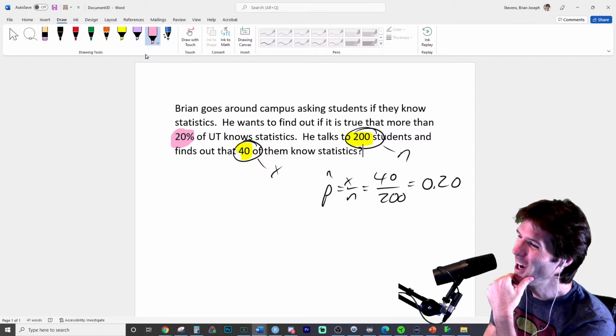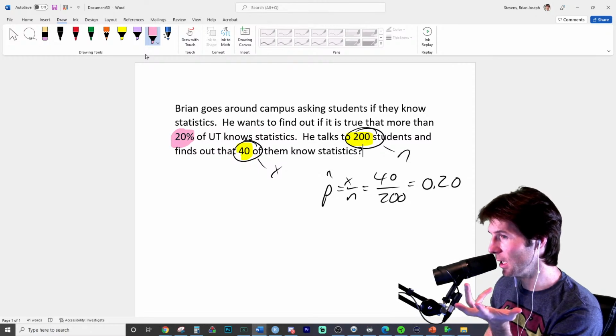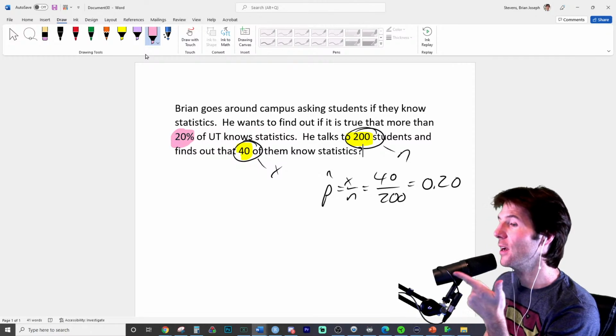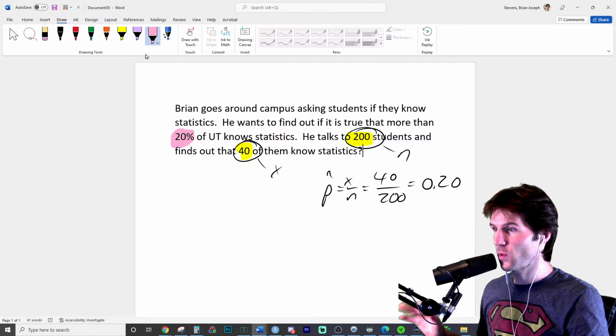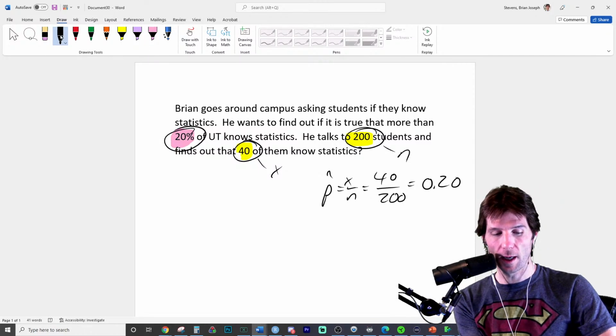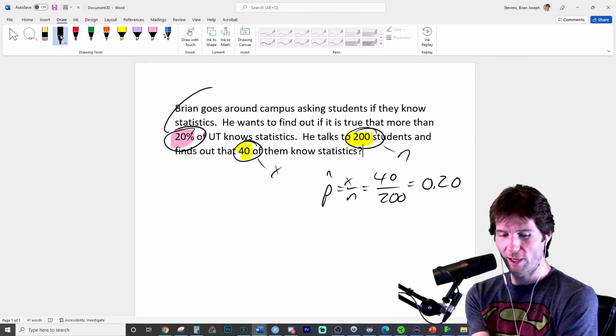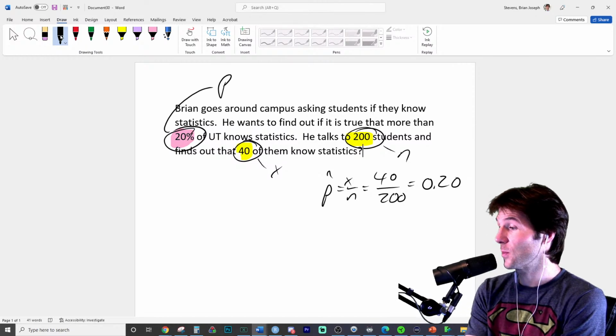You're really close with P. It's just that it's not the truth. It's what Brian currently believes might be the truth. Does that make sense? It's the null. So it's not P. It's what? You're right there. It's not P because this is what Brian hypothesizes. It's not P. It's P what? I know you got it.